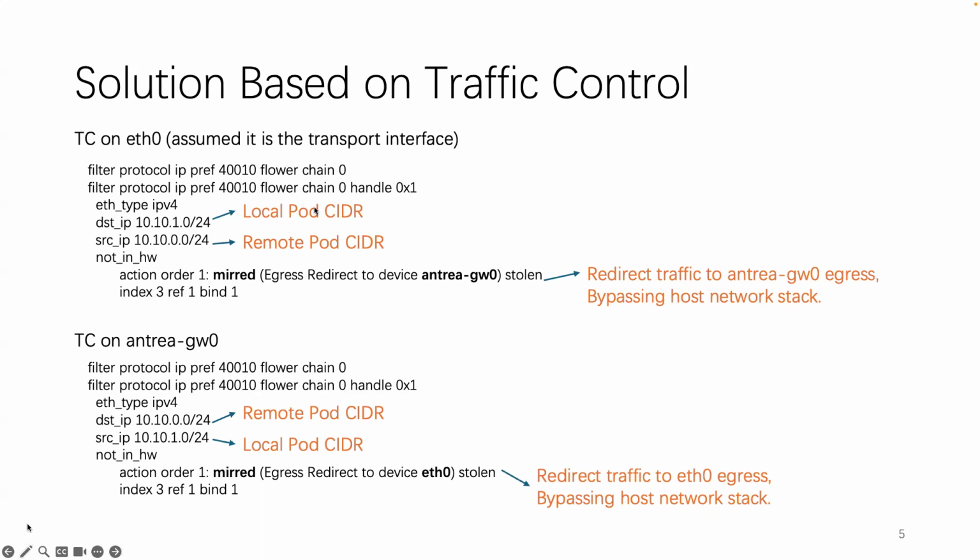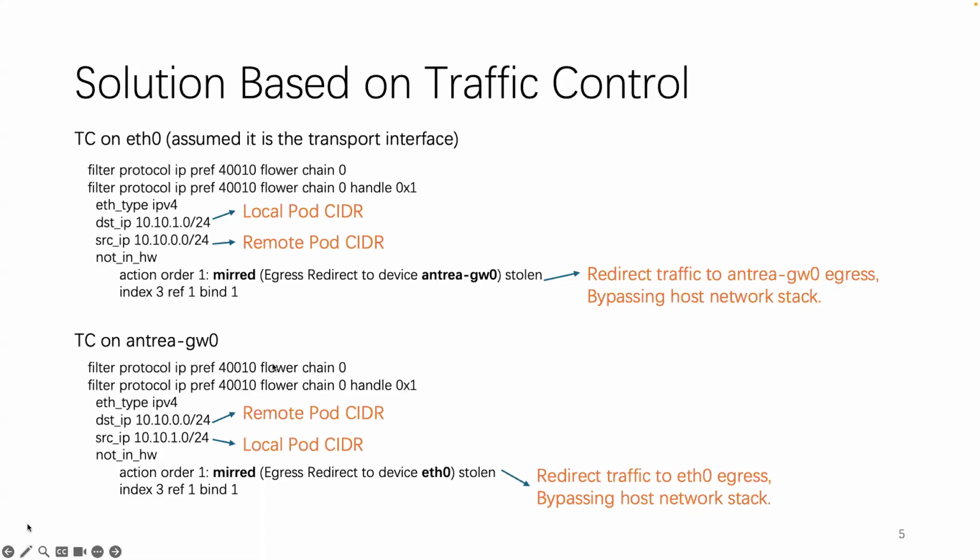We need to match the reply packets on ETH0, where the destination IP is the local port slider and the source is the remote port slider, and redirect the traffic to Antrea GW0 egress. Then the packet will bypass the host networking stack.